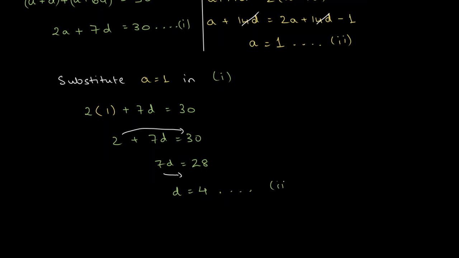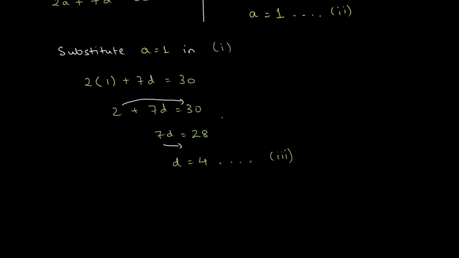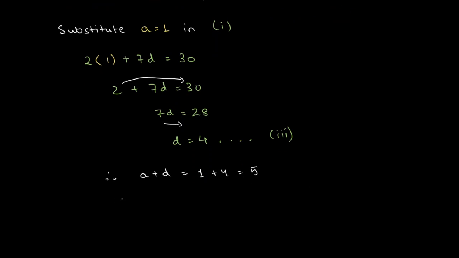Right now, all I need to do to find the arithmetic progression is find the successive terms, and let's just write the first 4 terms, right? So I know A is equal to 1. Now, therefore, I can say the second term, which is A plus D, is equal to 1 plus 4, which is 5. The third term, which is A plus 2D, which is equal to 1 plus 2 into 4, which is 9.